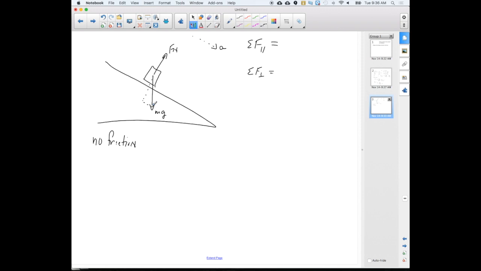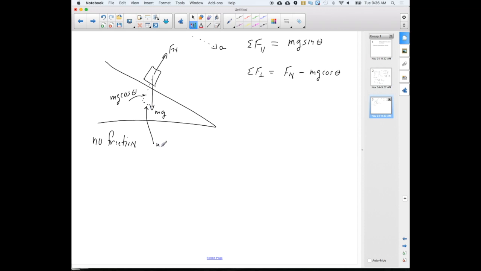The dotted line just means components. And we've done this enough that we know that forces parallel are mg sine theta, forces perpendicular are Fn up and mg cosine theta opposing. So that side there is mg cosine theta.